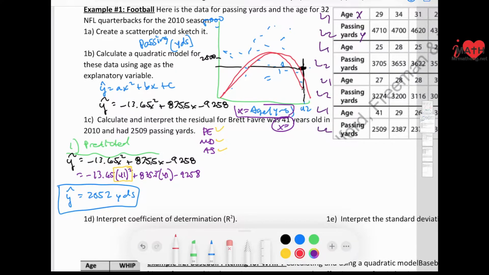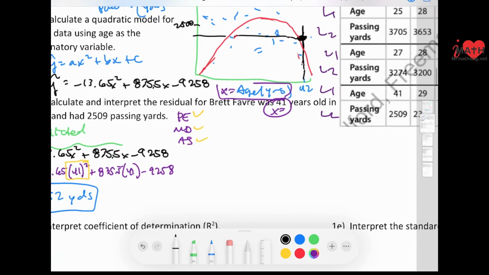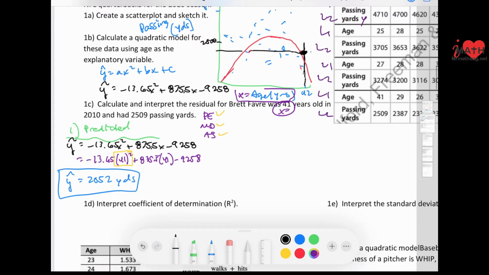That's what the graph is supposed to show. Okay, so he's supposed to be right there based on our predicted model, okay? And then now we need to just calculate the residual.